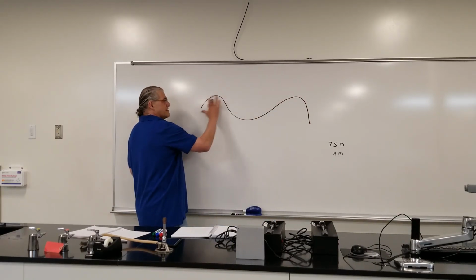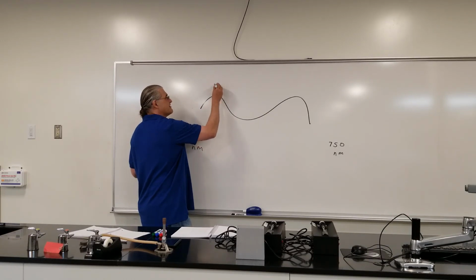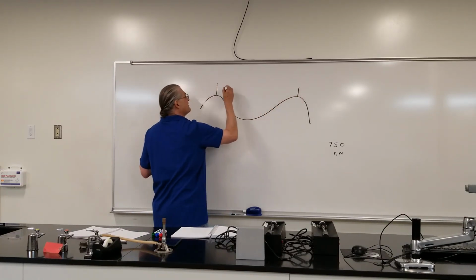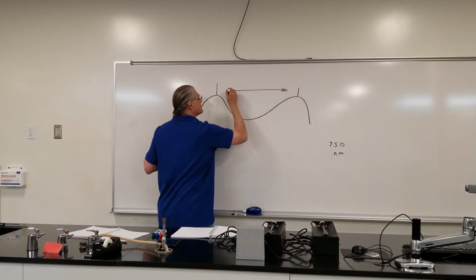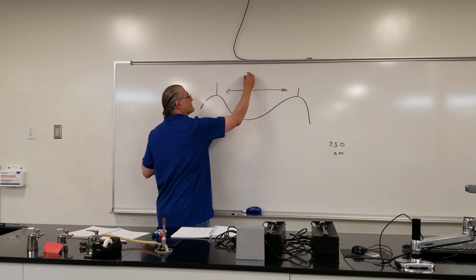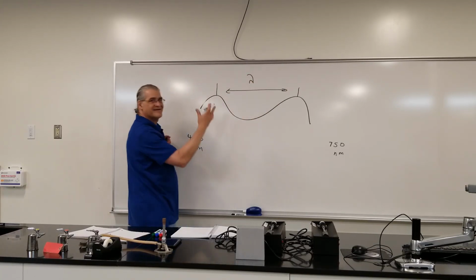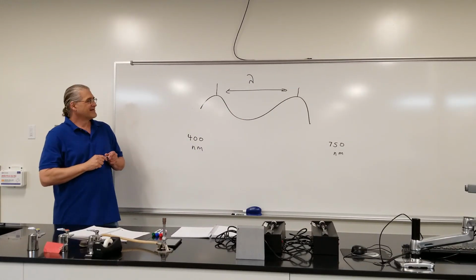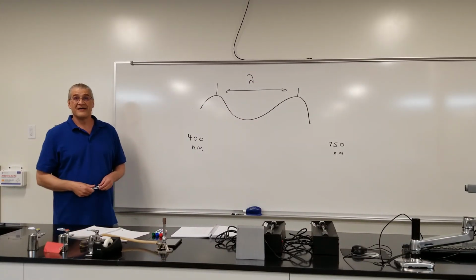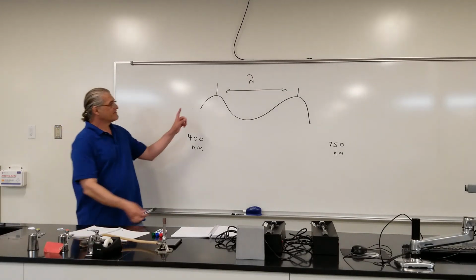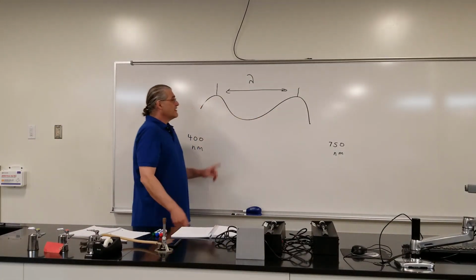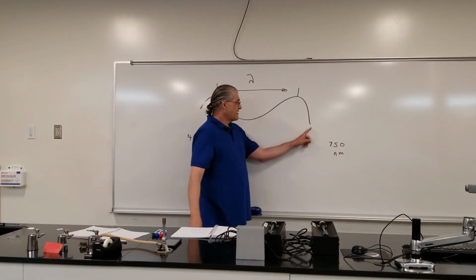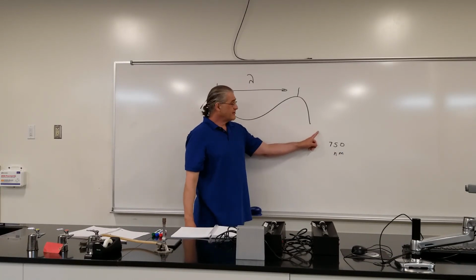If this is the electromagnetic radiation, the distance between two peaks here, that distance is the wavelength. We give it this symbol, lambda, that weird looking Greek L is pronounced lambda, and that stands for wavelength, the distance between two peaks.